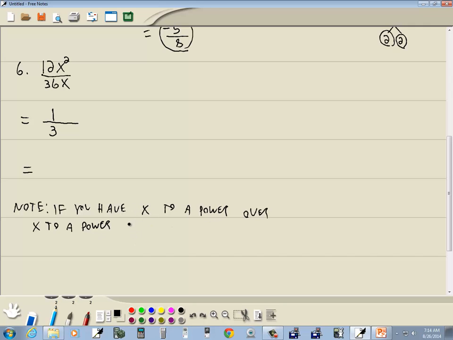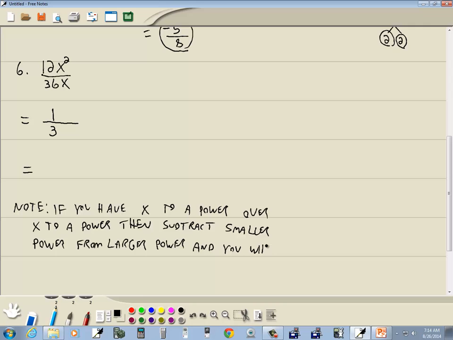If you have x to a power over x to a power, then subtract the smaller power from the larger power, and you will have x to that new power where the larger exponent was.